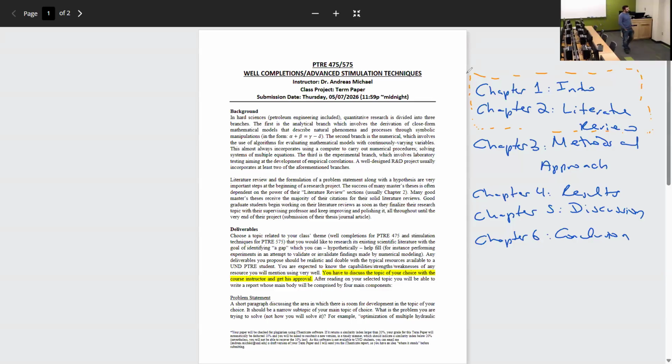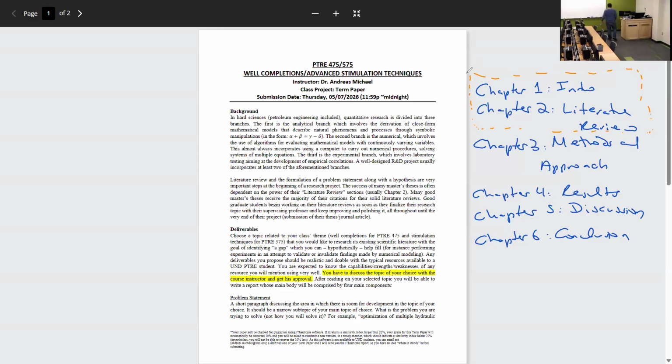And more or less, this is what this term paper is focusing on: introductory stuff that other people have done, and stuff that you are planning to do.